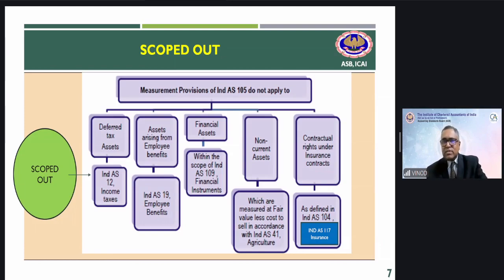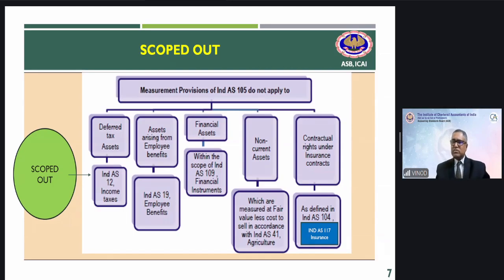So financial assets and subsidiaries come under here. So if you have a subsidiary to be sold, you show it under held for sale, but use the Ind AS 109 provision. Do not use the measurement provisions of 105, which is lower of carrying value or fair value less cost to sell.